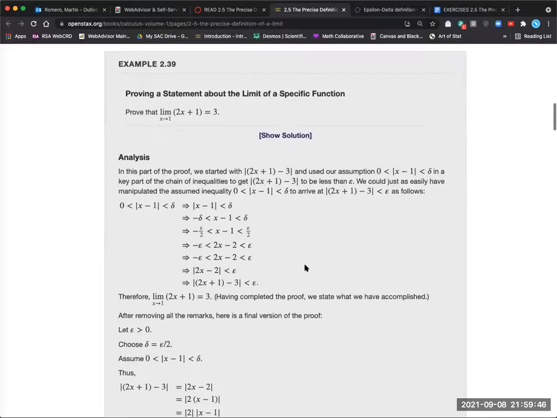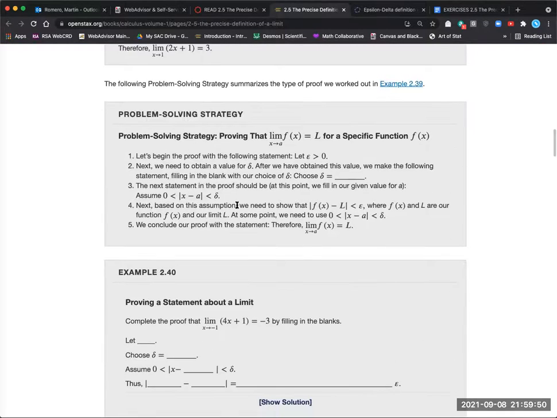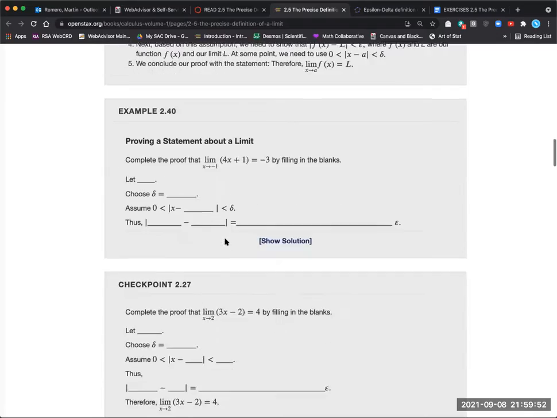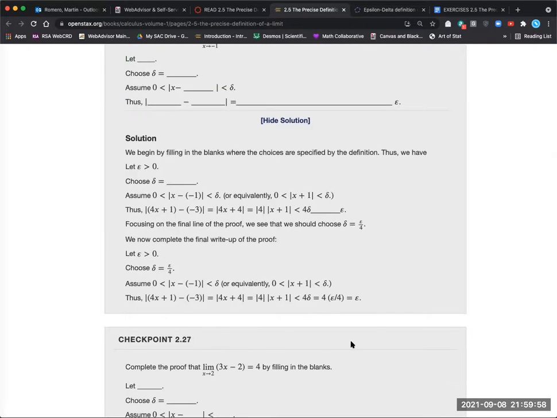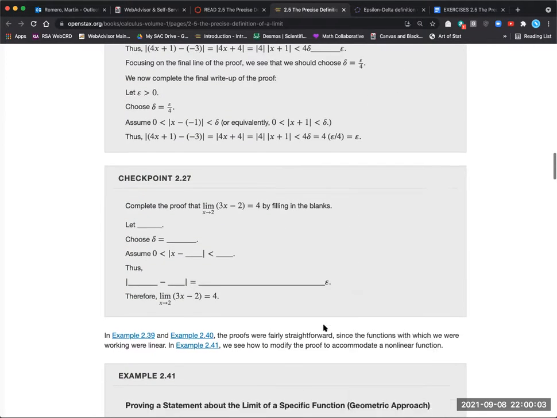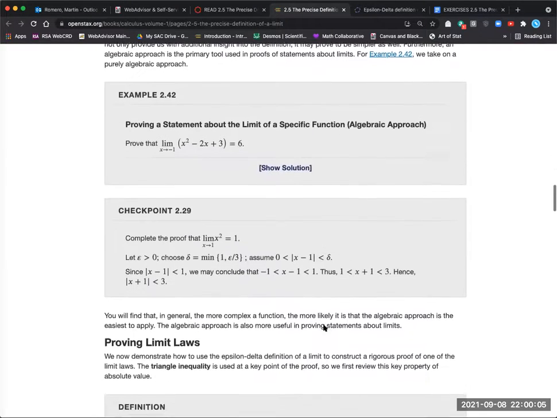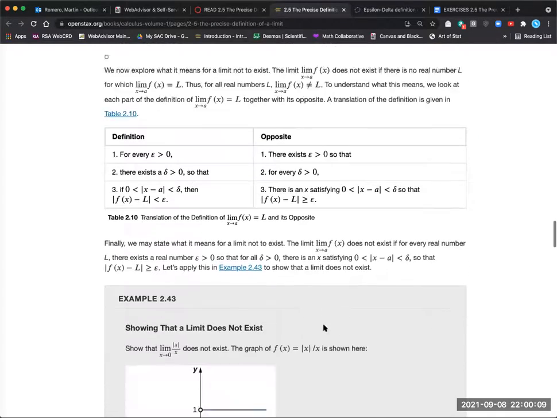But when we're solving for them, you end up following this problem solving strategy, which is a good way to march your way through these proofs, and you can fill in the blanks here so that it pretty much marches down this way. So for the time being, you may just memorize that. But there is a part where we need to decide between the minimum value. The answer is the minimum value between these two.